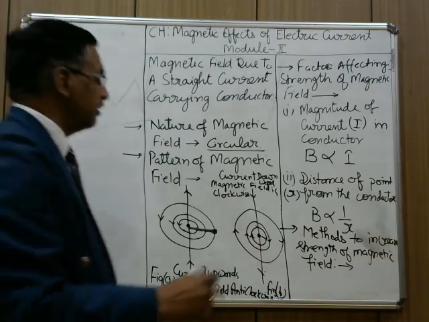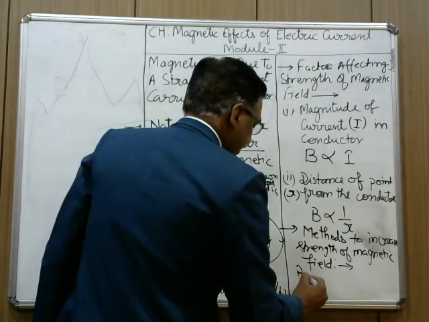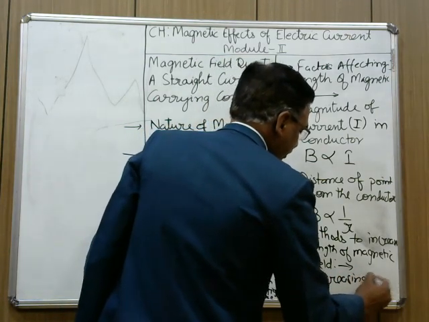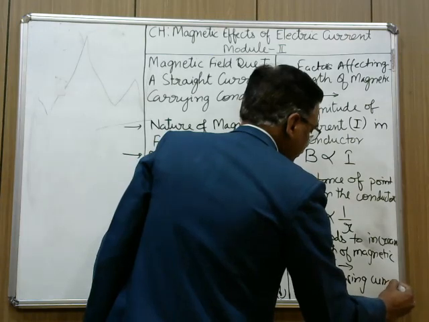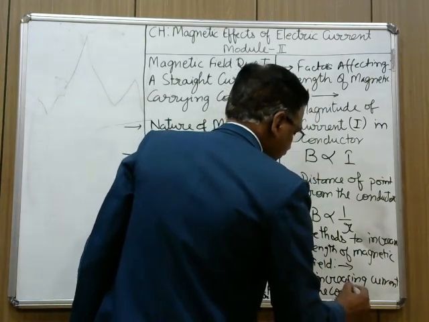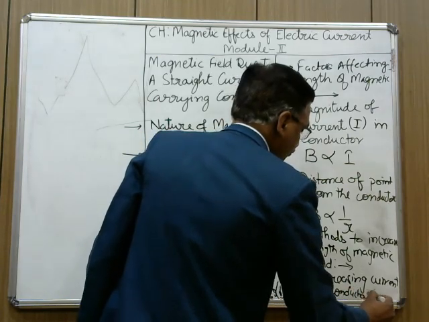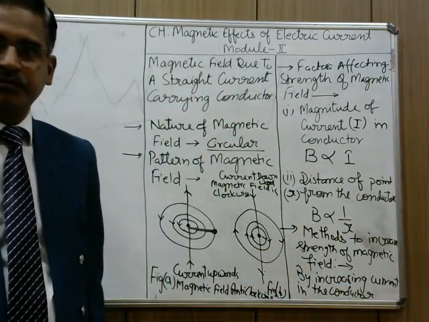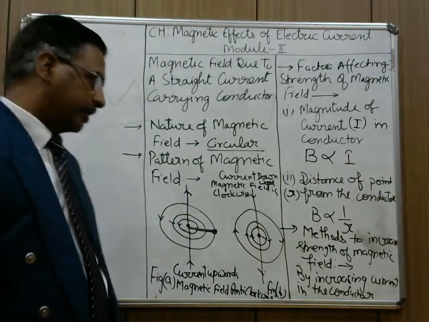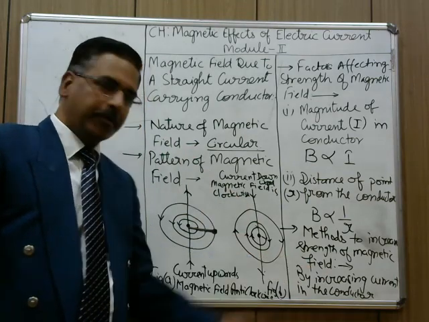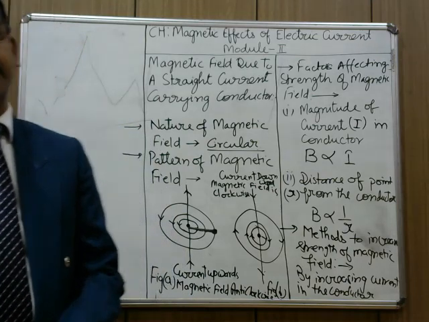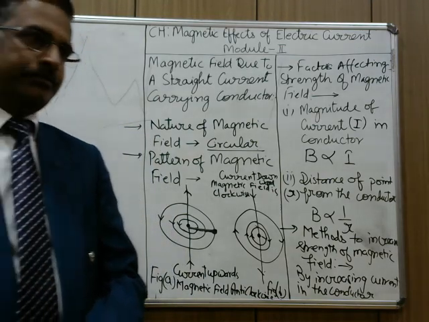So you are left with one option, by increasing current in the conductor. So there is only one method to increase the strength of magnetic field at a point, by increasing the magnitude of current in the conductor. You can increase the strength of magnetic field.